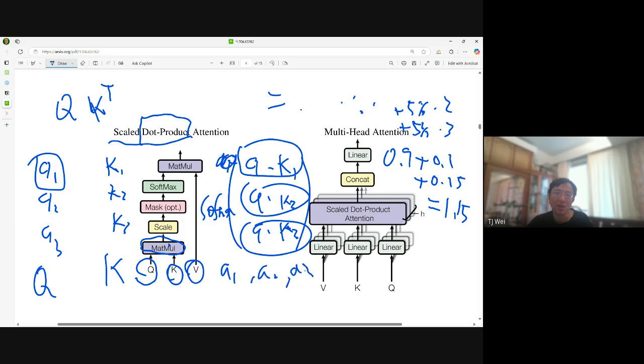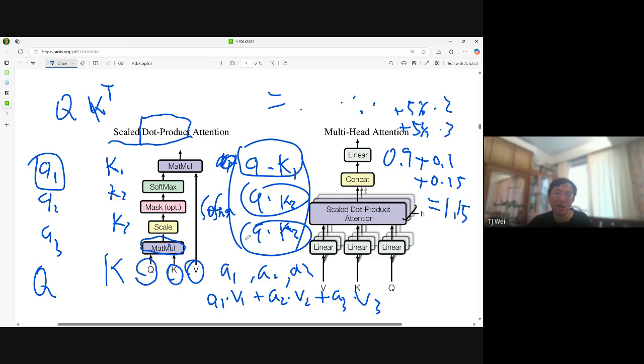These are the similarity weight of each value, and the summation of A1 to A3 is 1. And A1, A2, A3 are all non-negative real numbers. So the output would be A1 times V1 plus A2 times V2 plus A3 times V3. So this will be the output.